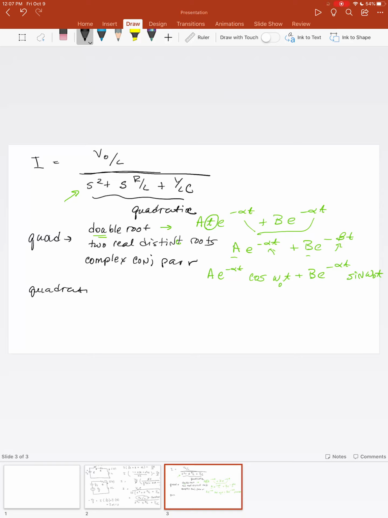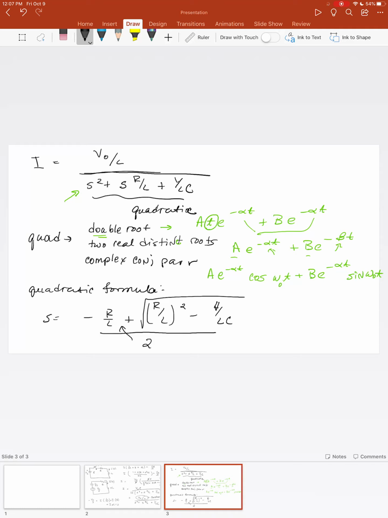So if I use the quadratic formula, s will be minus R over L plus or minus the square root of (R over L) squared minus 4 over LC, all over 2.